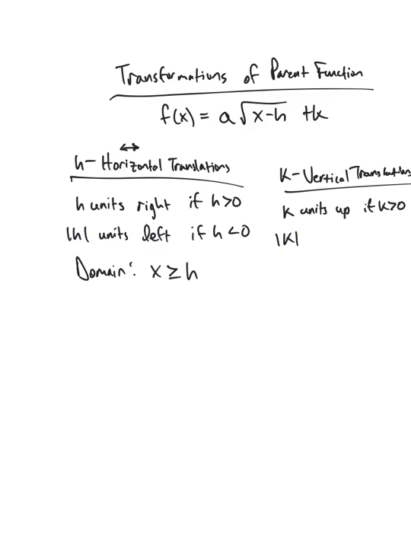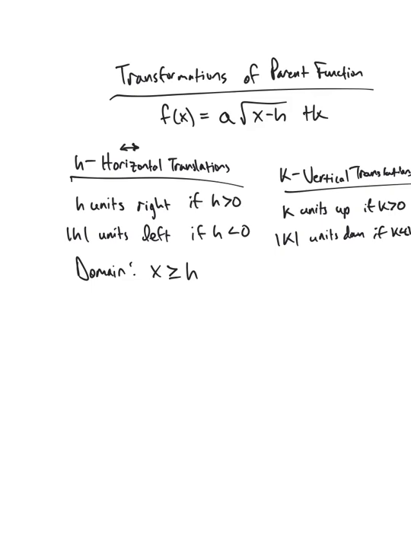And it's going to move absolute value k units down if k is less than 0. So very similar to horizontal. It's just moving that graph up or down as many units as k does.